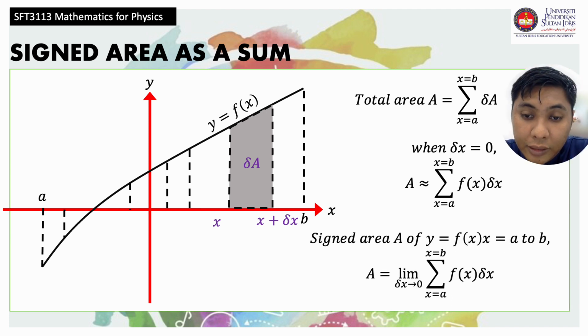Because when dx approaches 0, we don't know exactly how much the size is. So the limit as dx approaches 0 is a series of f(x), the summation of f(x) times dx. Bear in mind that dx is equal to (b minus a) over n.